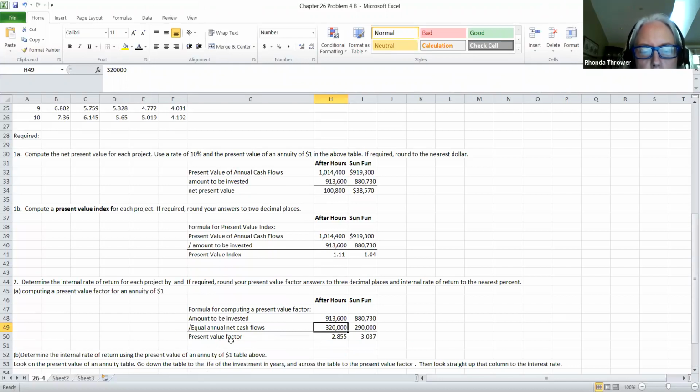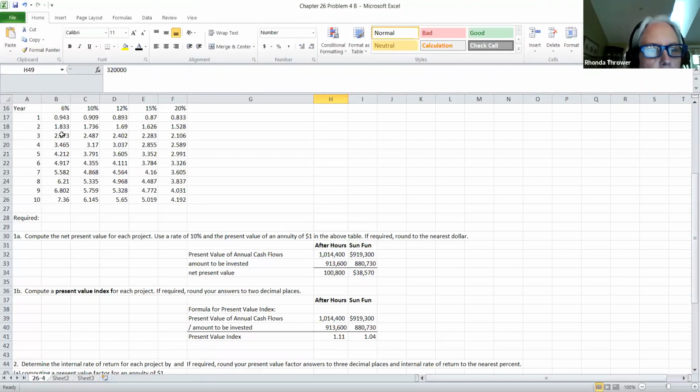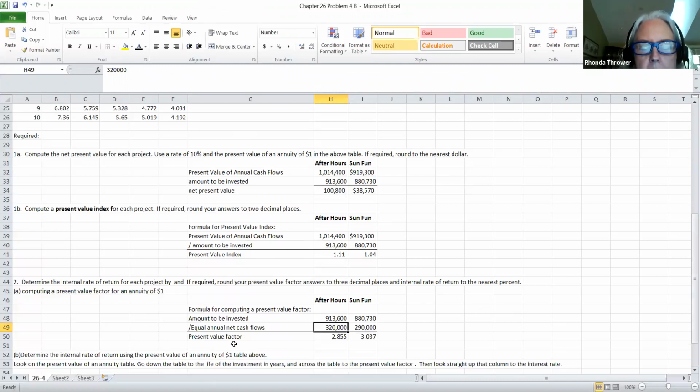I want you to make sure you know that these things right here that they gave you before are what we refer to as the present value factors. And this is just showing you how they could calculate the present value factor: if you know the amount invested and the equal annual net cash flows, you can come up with a table value amount.